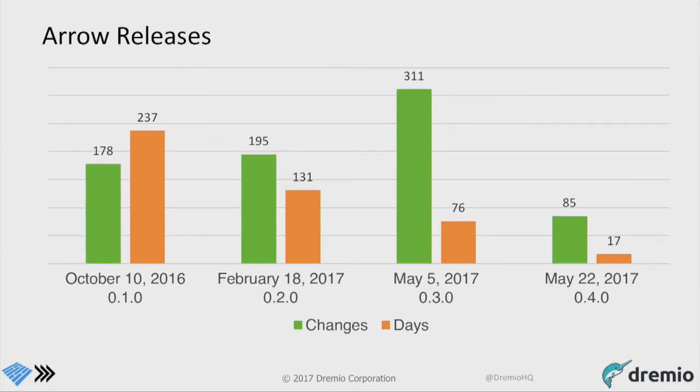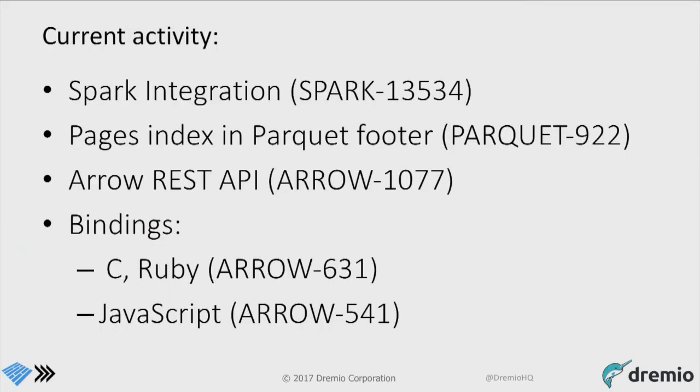Now we're trying to do once a month. There have been a lot of changes and a lot of activity, and it's settling. Now the format is pretty much finalized, and we get in that phase where we want to integrate with a lot of things. So there will be small changes more often, and all those integrations are happening in parallel.